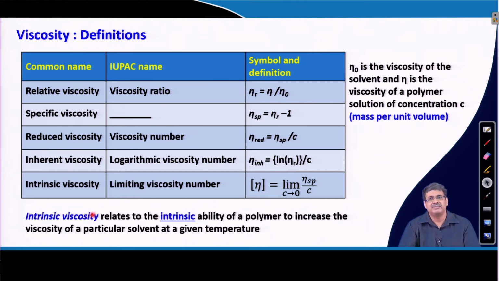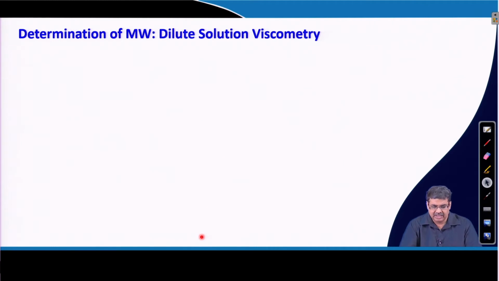Intrinsic viscosity is very important. It deals with the intrinsic ability of a polymer to increase the viscosity of a particular solvent at a given temperature. We have seen this expression earlier.